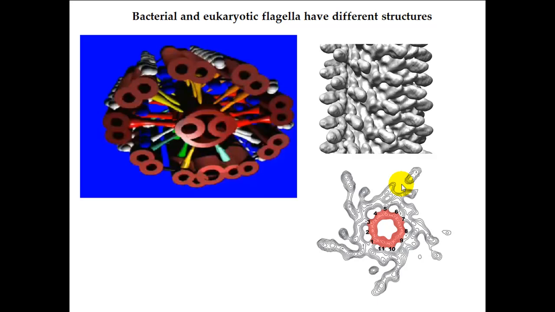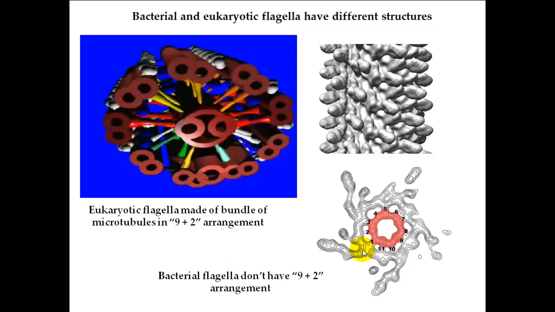It's a different structure. So let's mention that as another difference between eukaryotic and bacterial flagella. Eukaryotic flagella are made up of microtubule bundles arranged in this 9+2 arrangement. Prokaryotic flagella do not have that same structure.